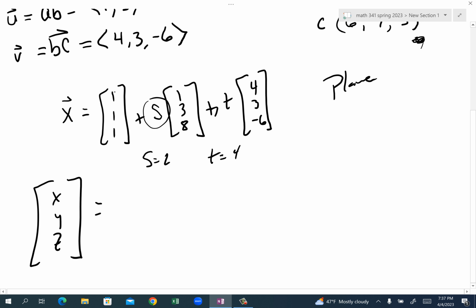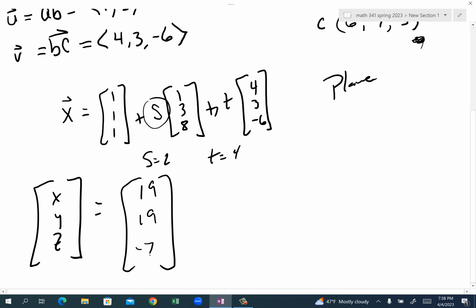So it's going to be 1 plus 2 plus 16 is 19 in the X direction. In the Y direction, it's going to be 6 and 12 is 18 plus 1 is 19. Hey, that's pretty cool. Didn't mean to do that. And then it's going to be 16 minus 24 is negative 8 plus 1 is negative 7. That's where we would be.